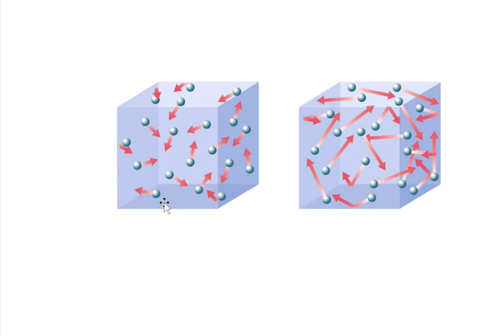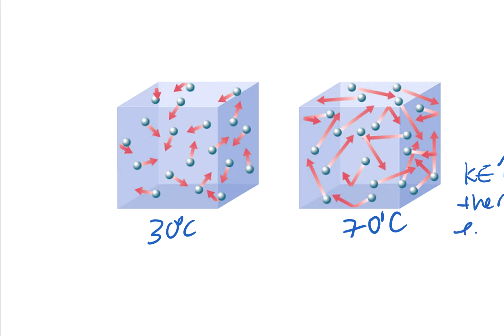So simply put, let's say for example, this is 30 degrees Celsius, this is 70 degrees Celsius, right? So at a higher temperature, the particles will be moving faster, so it has a higher KE. So we say that the thermal energy increases. Okay, so this is what happens.